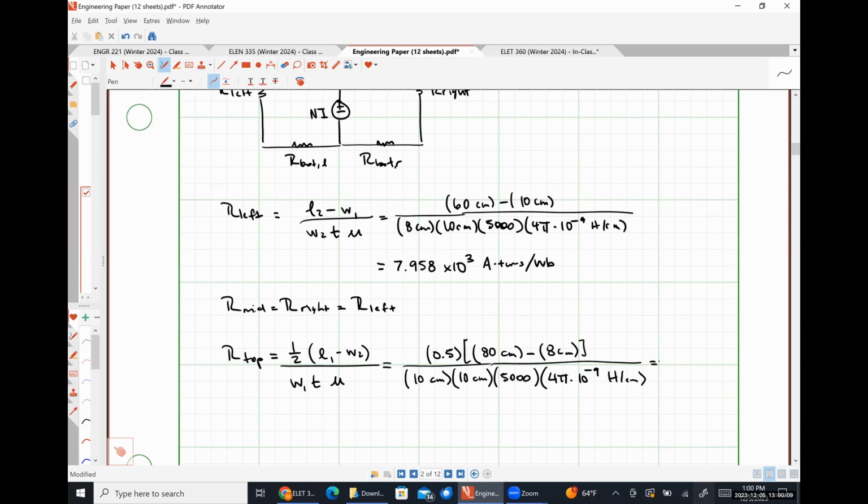And let's throw this into our calculation, right? So 0.5 times 80 minus 8, all of this divided by 10 squared times 5,000 times 4 pi times 10 to the minus 9.